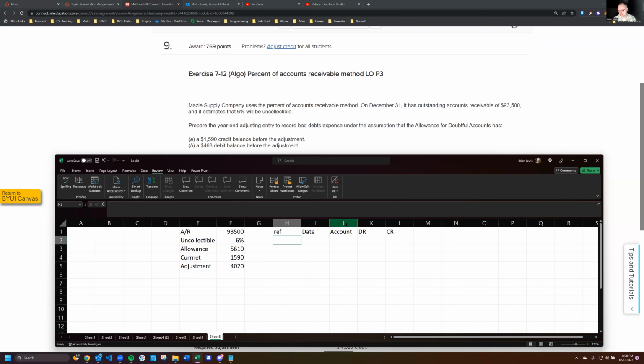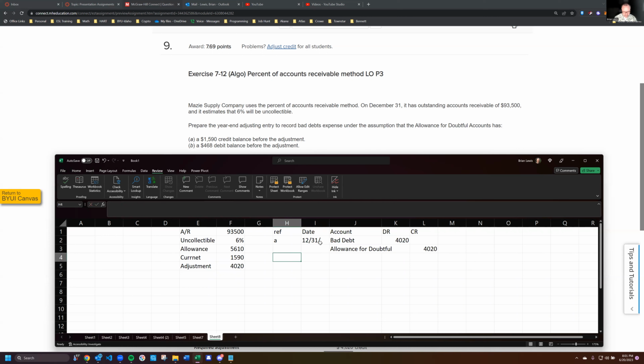On reference A, on 12/31, our account is bad debt for 4,020, and allowance for doubtful accounts for 4,020.